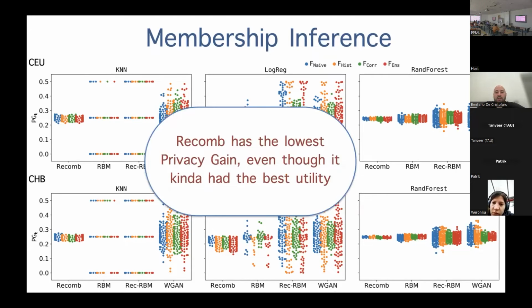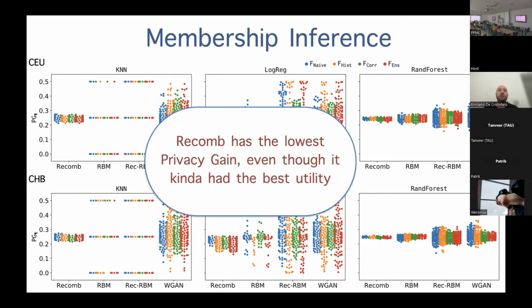But overall, RECOM gives us the lowest privacy gain, although it has the best utility. What you really want is to find a good trade-off between utility and privacy, which we don't seem to obtain.